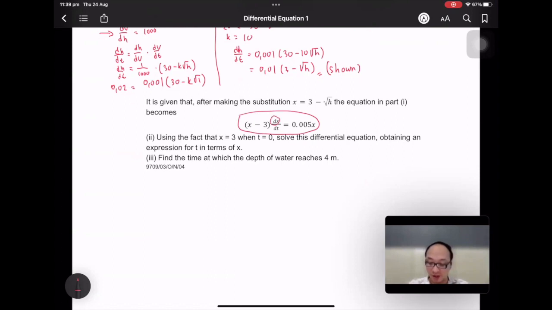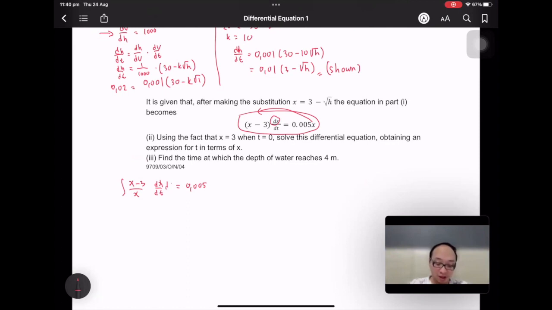So I have to move x to the left. This will become (x minus 3) over x dx/dt equals 0.005. So this is the variable separable type.